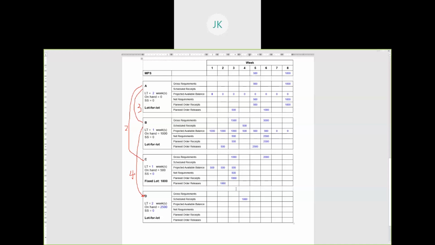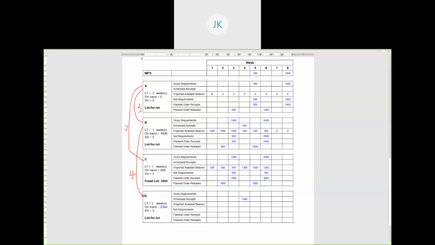So after receiving 1800, use 500, so 1800 minus 500 leaves 1300 inventory. Then 2000 needed, 1300 available, so 700 net requirement, but the order lot is fixed, so 1800, 1 week earlier.